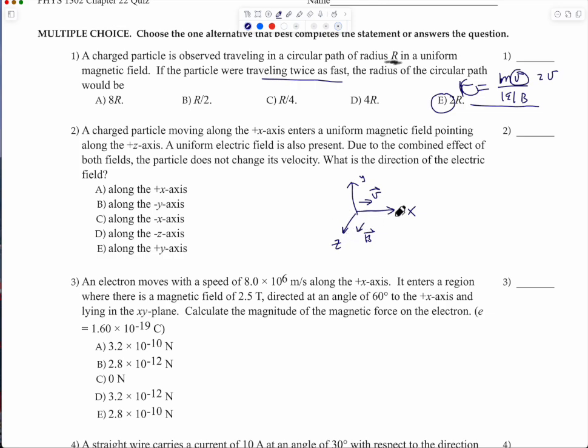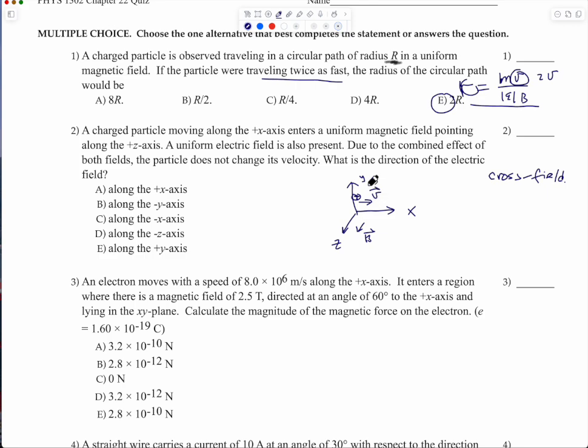So you must have crossed fields, which means the magnetic field and electric field are perpendicular to each other. Let's assume the charge can be positive or negative. Assume the charge is positive.